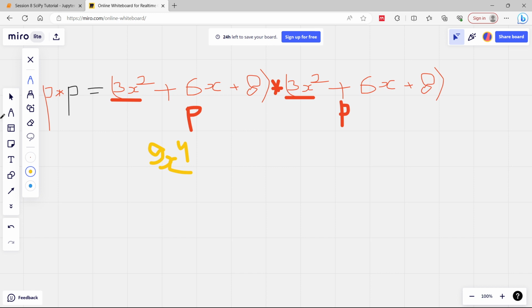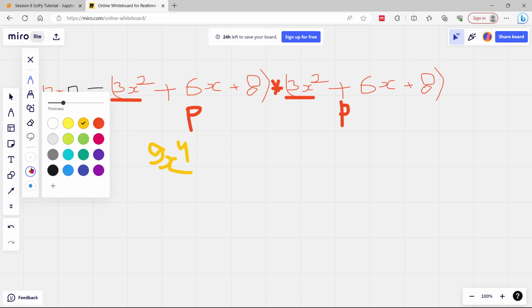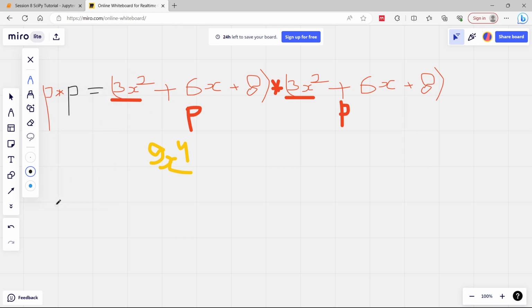So here we have this dimension, right? If I put 2 in place of the x value, what will I get? I'll multiply this 2 by this equation 2. The second term will be 6 multiplied by 2, and the third term will be simply 8, right?